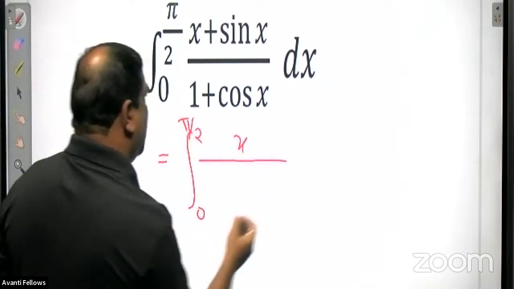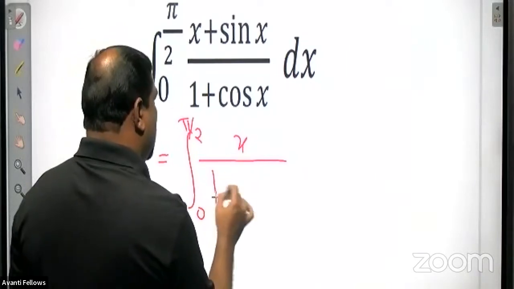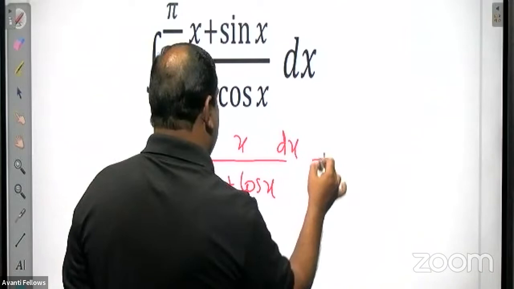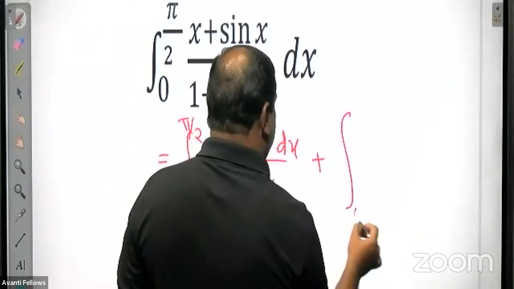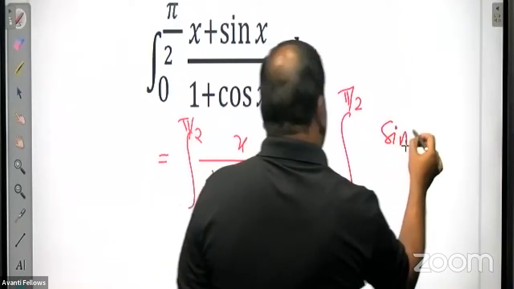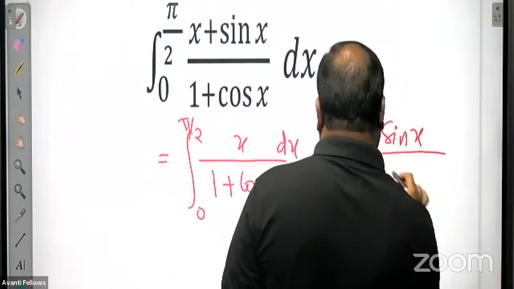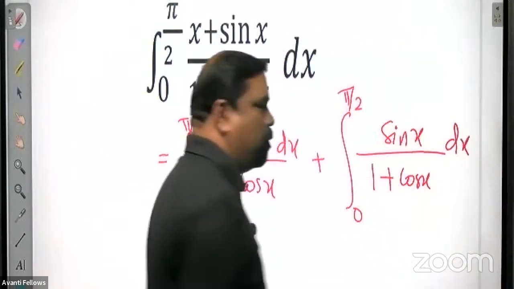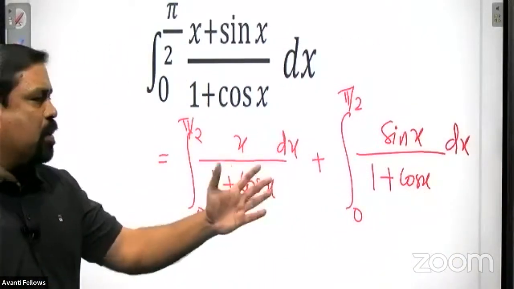The first part is x by 1 plus cos x, plus the second part is sin x by 1 plus cos x. Split it as two integrals, okay?